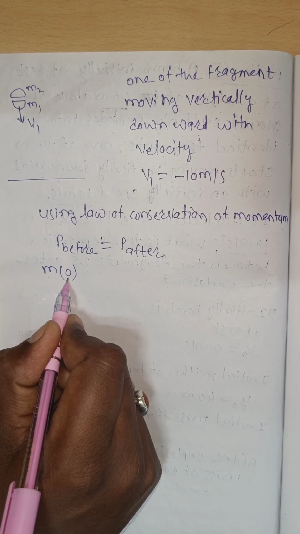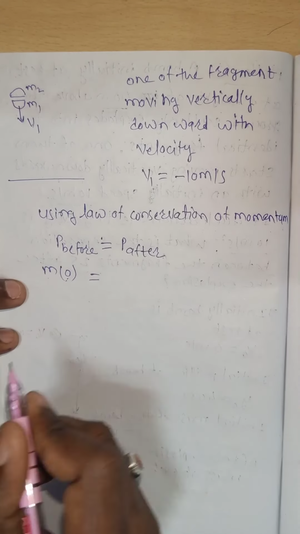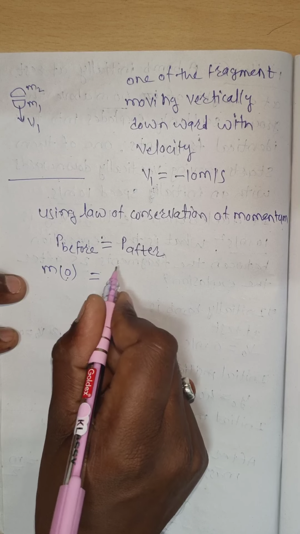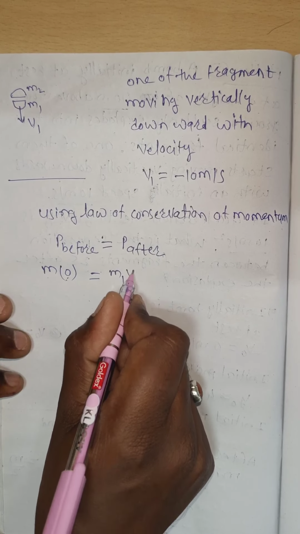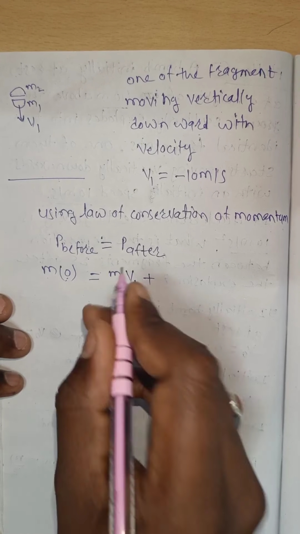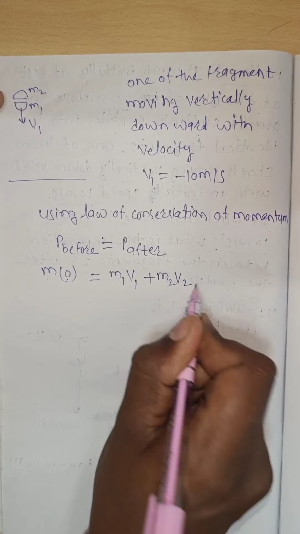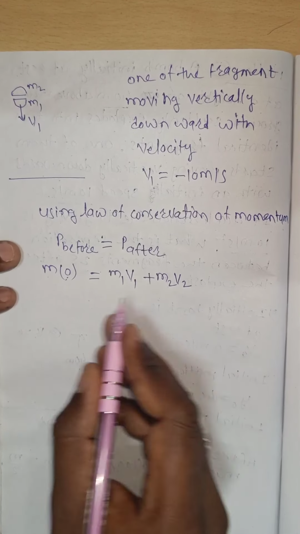Momentum is mass into velocity. After explosion, the first fragment has mass m1 and velocity v1, plus the second fragment has mass m2 and velocity v2.